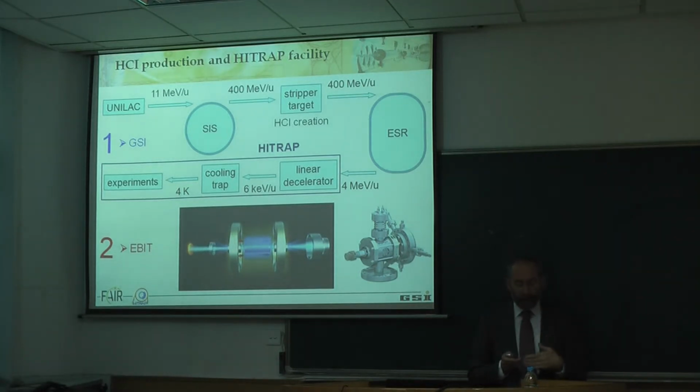So the EBIT is good for some experiments that we will do over the next few years. But once the HITRAP beamline, this thing here, is available, then that will be more useful, because that will give us the very highly charged ions that we want for the QED experiment.